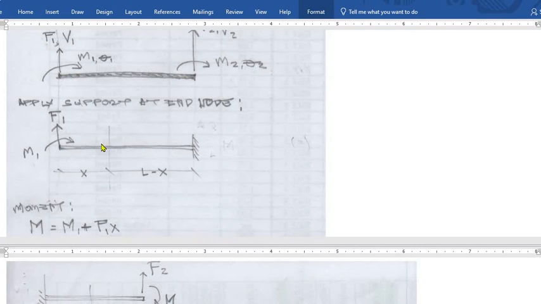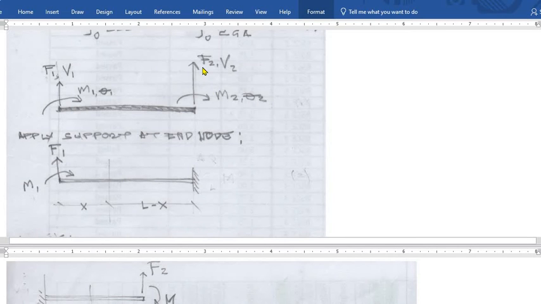So we will apply this principle, but this time we will bring F2 back to life, and the support is now point 1. Which is now this. So point 1 became the support. F2 is now the free end, and it still has M2. And then we cut a section there. This is now distance x, and then you have L minus x.